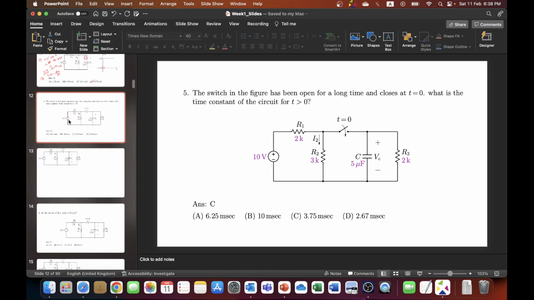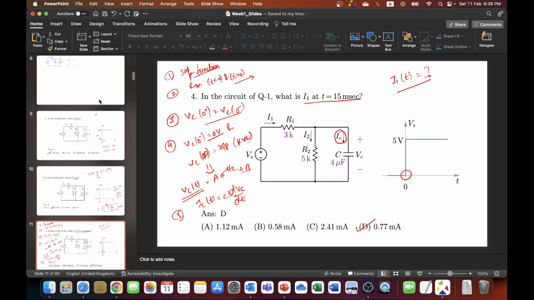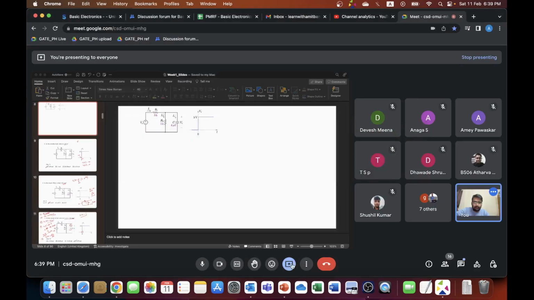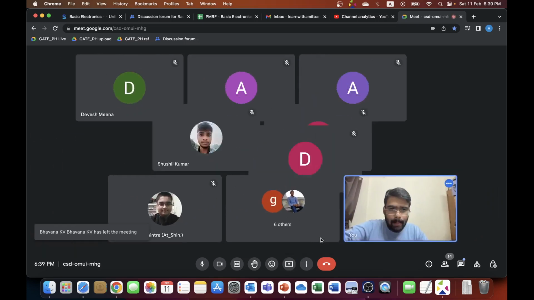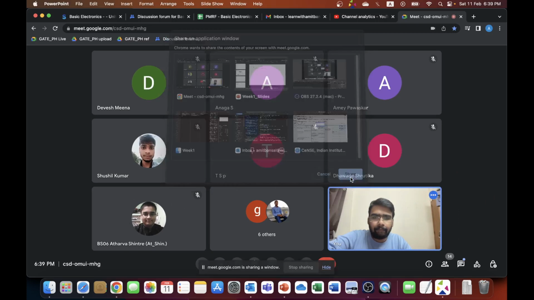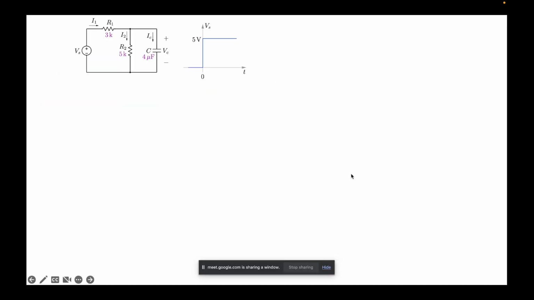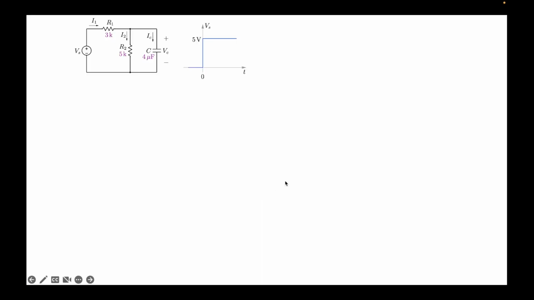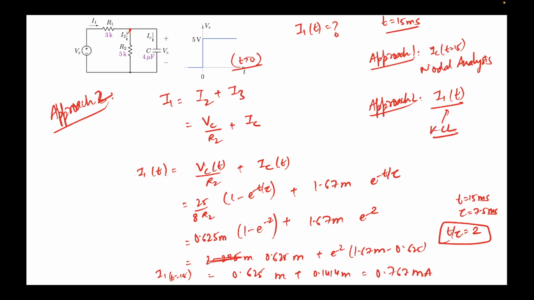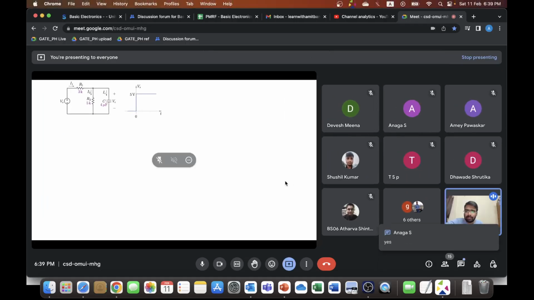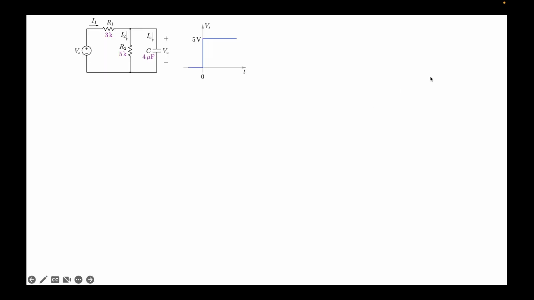Okay, let me make some space. Found it. Okay, I hope my screen is visible, right? Please respond if my screen is visible.